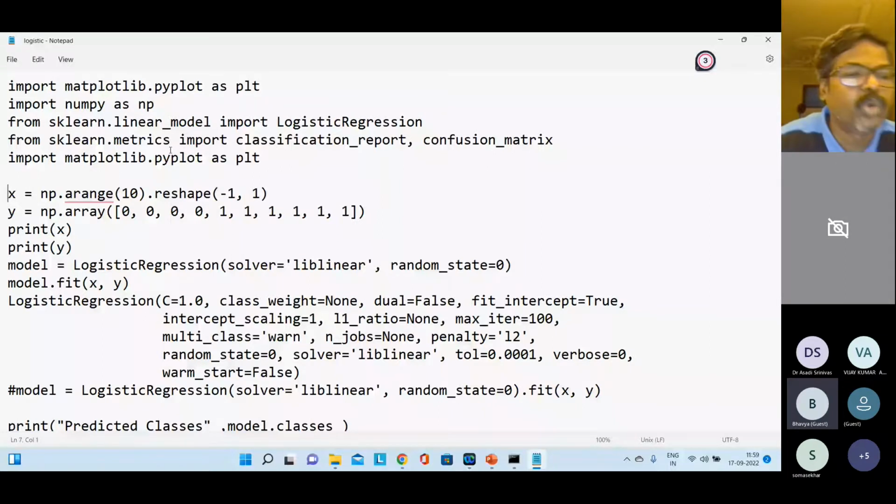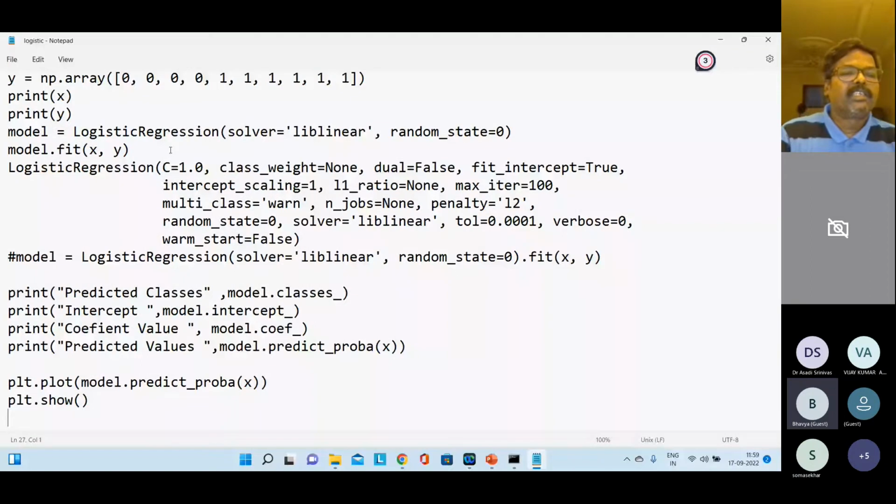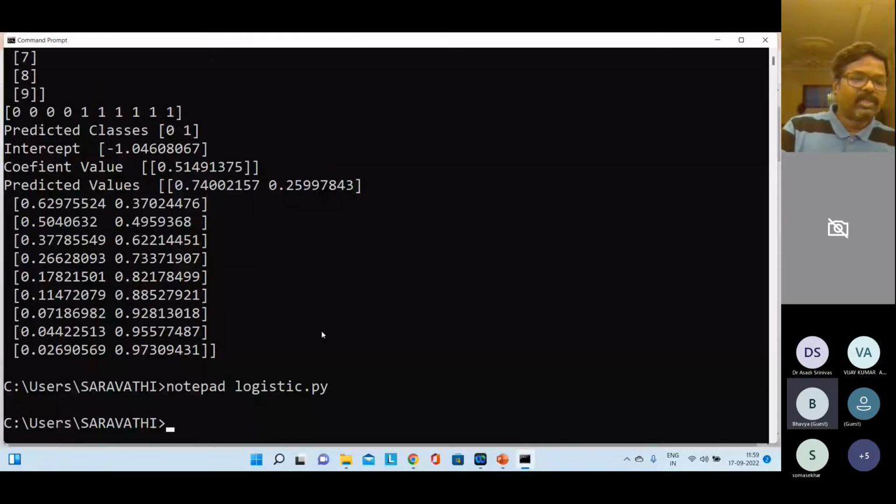See here in the code. Finally, I'm printing the predicted classes, intercept value, coefficient value, predicted value, and I'm generating a graph based on x and y values. plt.show means it is going to show you. This is logistic regression. Now I'm going to demonstrate support vector machine.